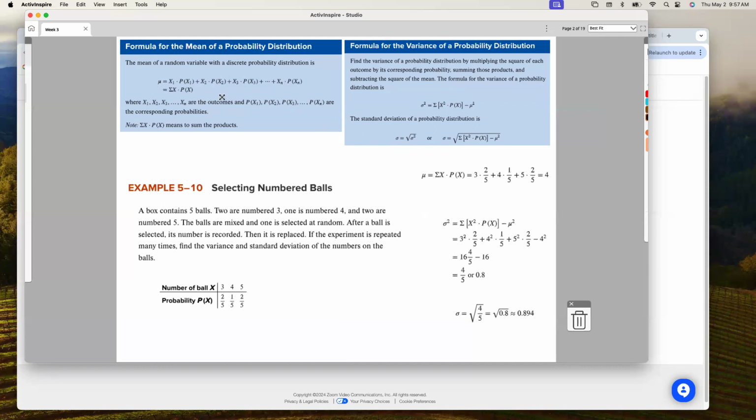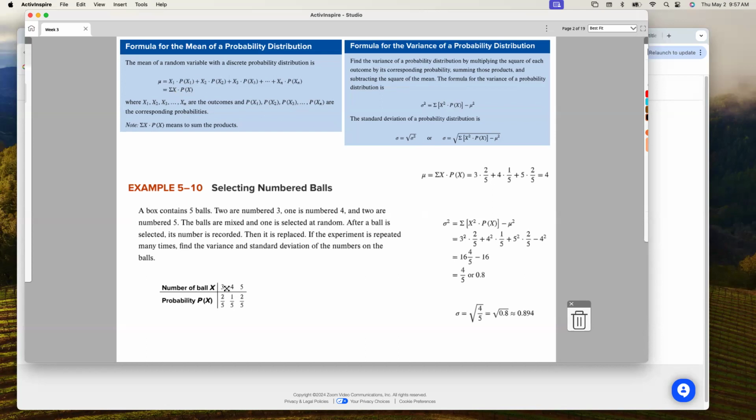But essentially here, to calculate the mean, we'll take a look at these since they're already written out in terms of your textbook. What we need to do is sum up, and that's what this formula is, the products of the random variable value times its associated probability.